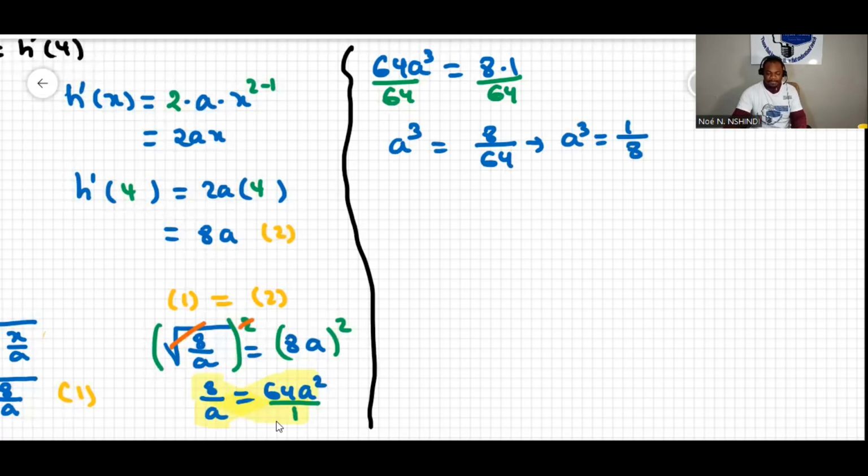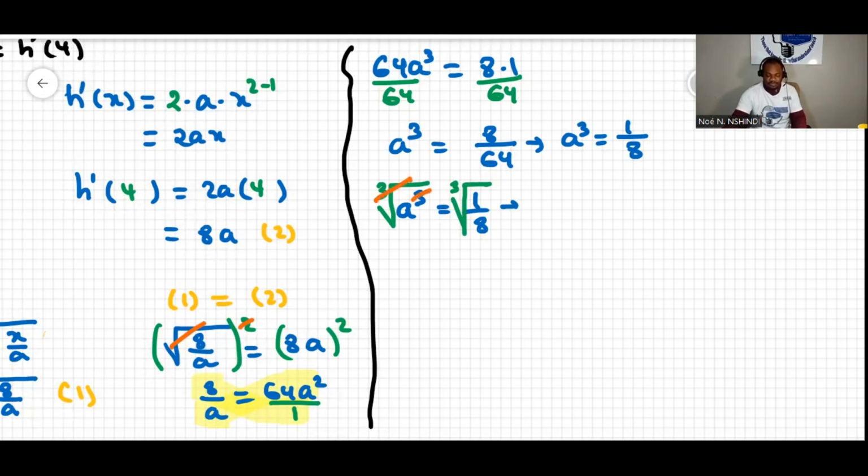Now, a cubed equals 1 over 8. If I need to find the value of a, I'll just cube root both sides, because the cube root cancels the power of 3.